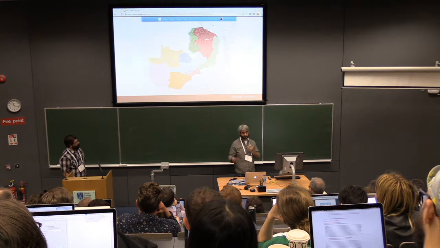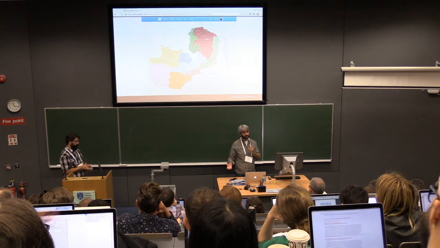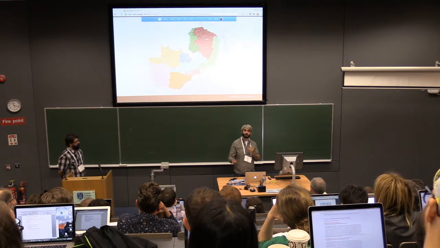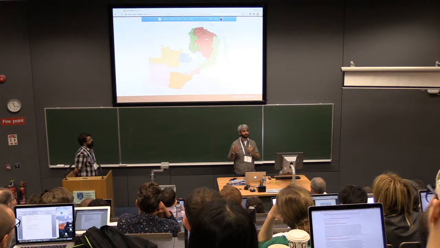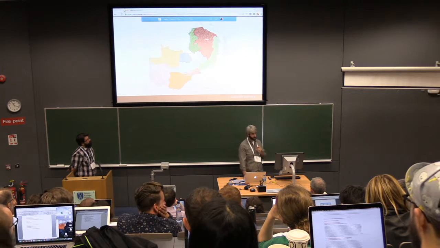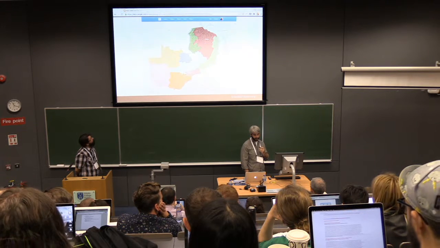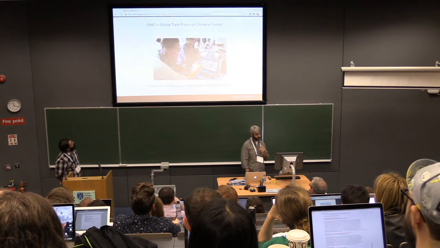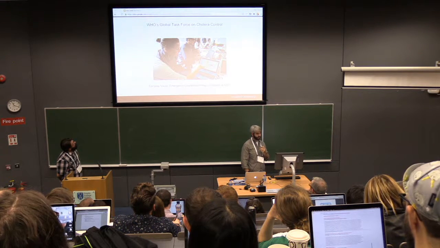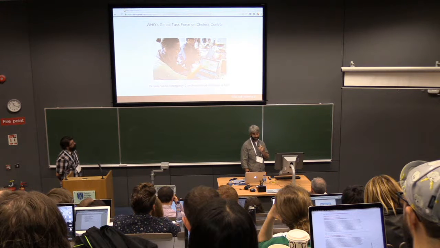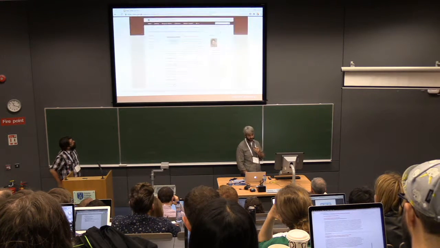So from discovering the data in GeoBlacklight, the researcher can click one button and import it into a visualization application, and then create the maps that they need to use. So this map here, check it out. The same map that we've been looking at, the same map that MSF is using for their Colorado response.